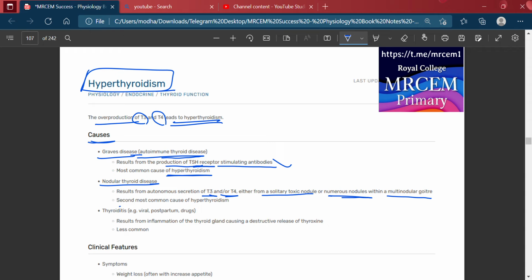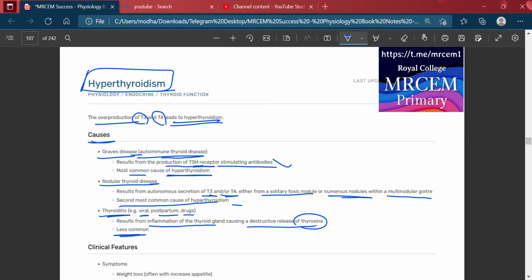This is the second most common, the most common being Graves disease. Then the thyroiditis, examples are viral thyroiditis, postpartum, or drugs. It results from inflammation of the thyroid gland causing destructive release of thyroxine. This is very less common.